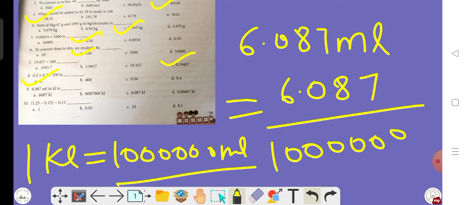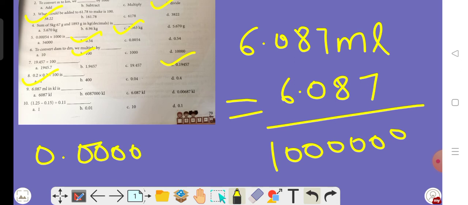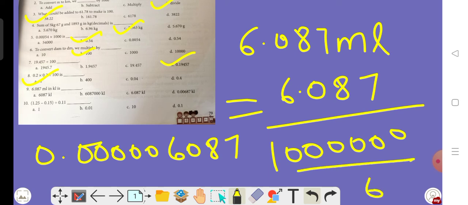So the final answer is 0.000006087, because beta we have to divide by this number, and this number has 6 zeros. We have to move this decimal toward the left side by 6 places. We have only one digit in the whole-number place, so in the remaining 5 places we have to put the 0.